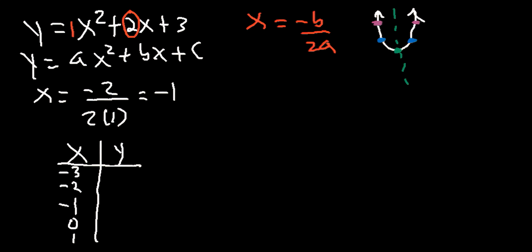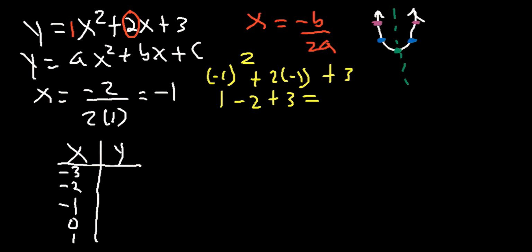So now let's plug in these numbers. Let's start with negative 1. If we plug in negative 1 for x, we get negative 1 squared plus 2 times negative 1 plus 3. So that's 1 minus 2 plus 3, which is 2. If we plug in 0 for x, it's just going to be 0 squared plus 2 times 0 plus 3, which is just 3.